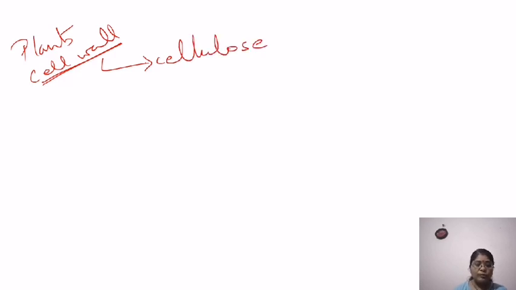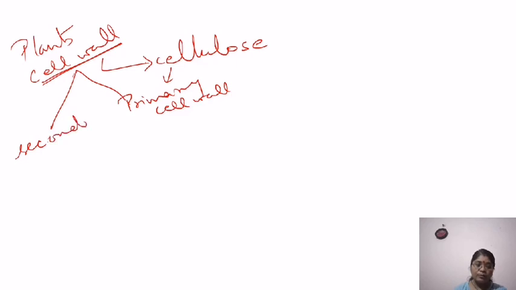If you look at the cell wall of a plant cell, it has two types: the primary and the secondary cell wall. The primary cell wall is made up of cellulose and is present in all plant cells, whereas the secondary wall is present in some cells and may not be present in others.